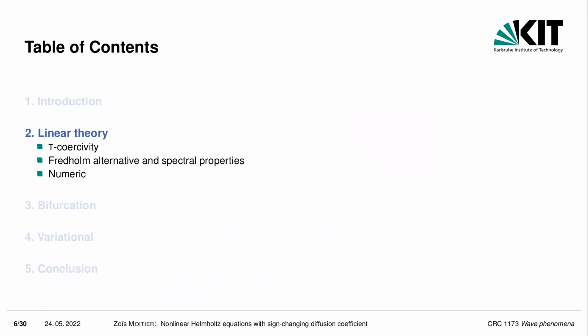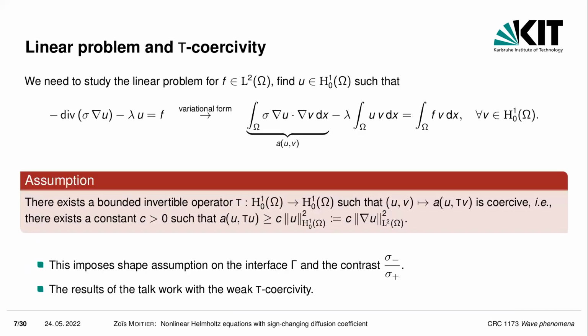And now, before doing some nonlinear things, we need to talk a little bit about the linear theory. Since we have a sign-changing operator, we need to make some assumptions. Here, the linear part of the operator is, I have replaced this kappa u cubed by just a source term f, an L2 function. And I directly transform this equation into this variational equation on H^1_0.